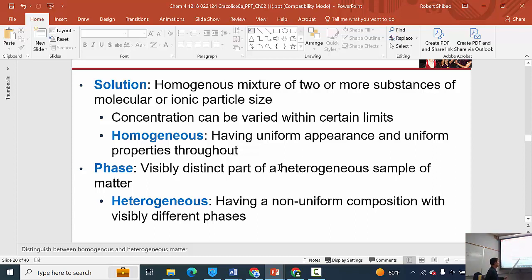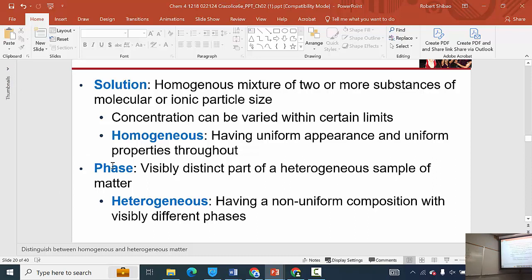So ice water would have uniform composition because it is made up of only water molecules, but with different phases. So there's one exception that we can think of, ice water. But most everything else that's heterogeneous is going to be a mixture. Like oil and water. Oil and water don't mix, so you can see there would be two different liquid phases, and that would be a heterogeneous mixture.